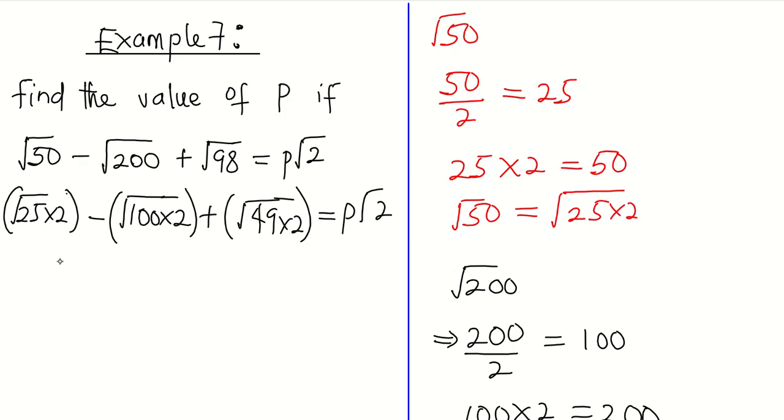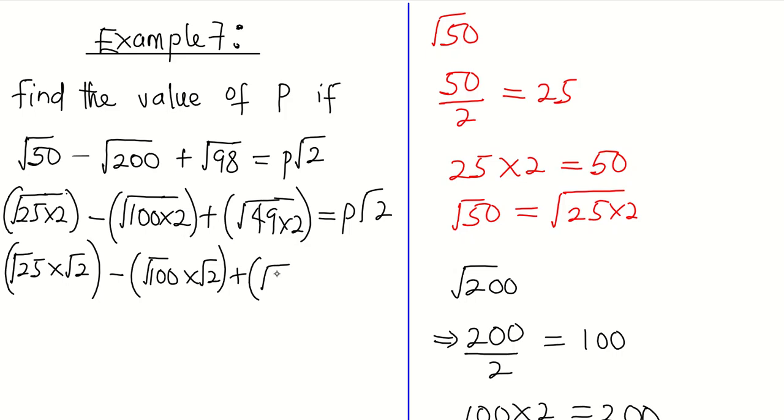Now with this, we can see that square root of 25 times 2 is affected by the square root sign on each and every one of them, which means we are going to have square root of 25 times square root of 2, and square root of 100 times square root of 2, plus square root of 49 times square root of 2, which is equal to p square root of 2.